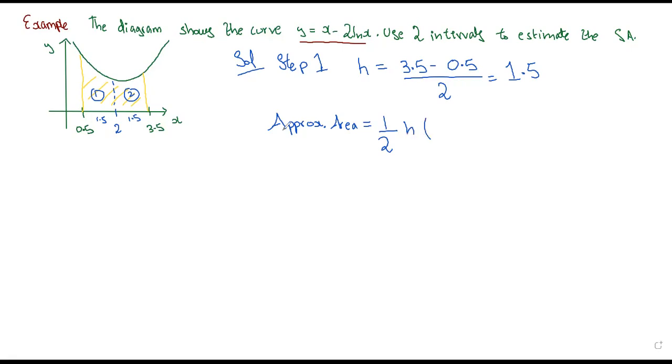Okay, now this is y naught, this is y1, and this is y2. Now Ranjani, notice this, that we have two intervals and the final side is y2, just like the previous one, and the first side is always y naught.